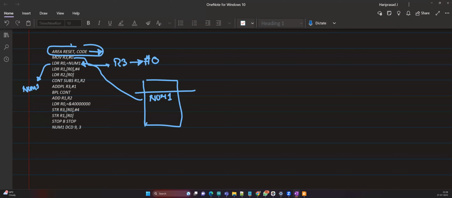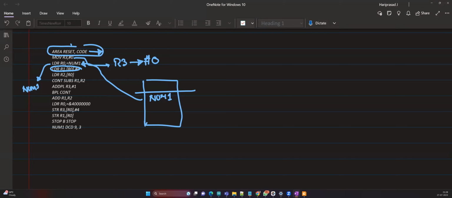No, something else. Think of it like we discussed yesterday. That line is a little bit confusing. It is basically loading the value from R0, a total of 4 bytes of data.